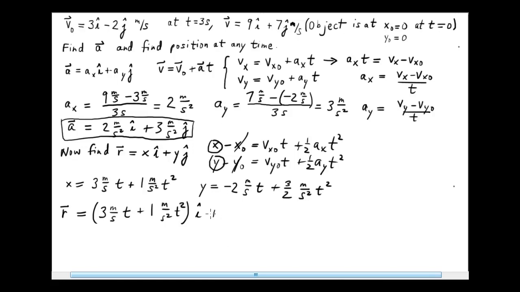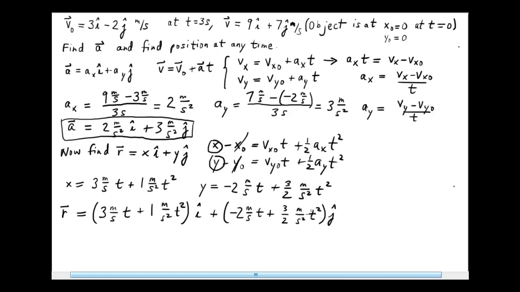So this is plus negative 2 meters per second t plus 3 halves meters per second squared t squared times j hat. And that's it.